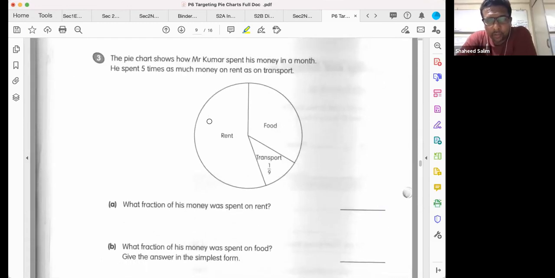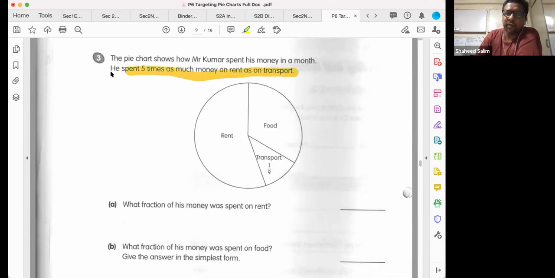You try, Mr. Kumar. This one already, they tell you what is a fraction already. You will know. You look at the thing, you know already. For A, you know. Come on.